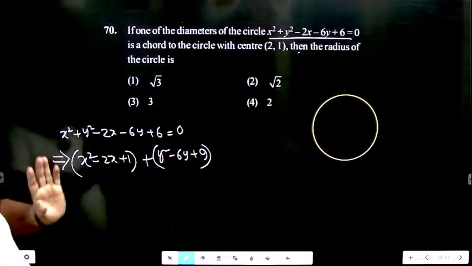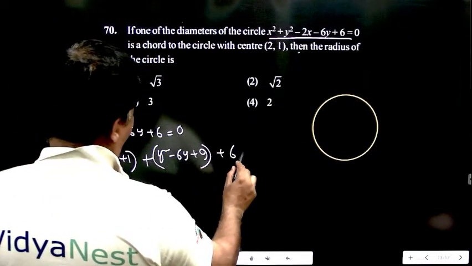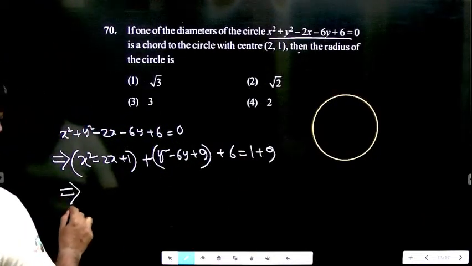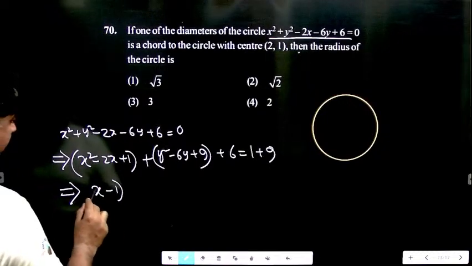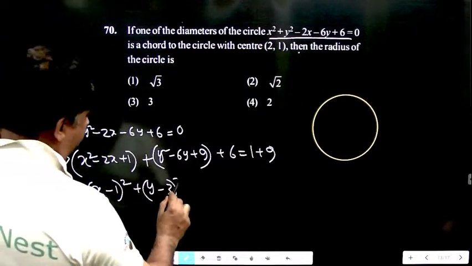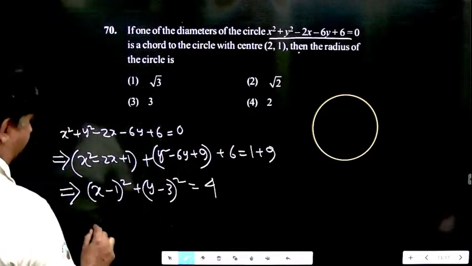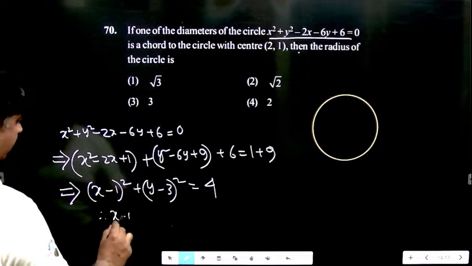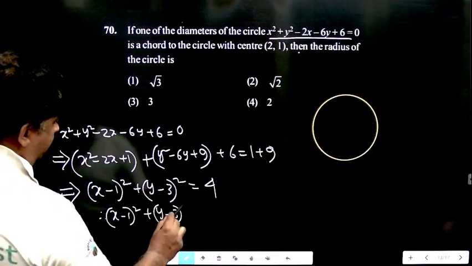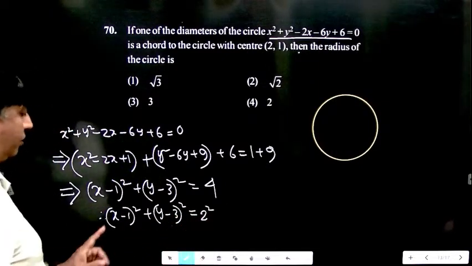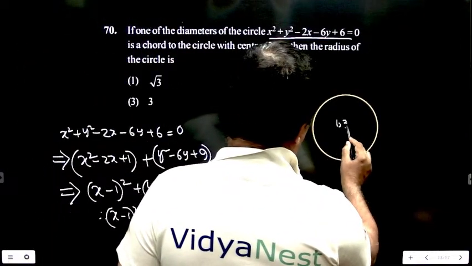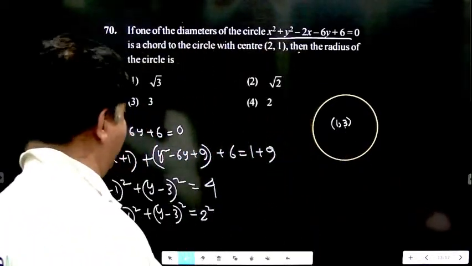You add 10 in left hand side as well as in right hand side. So, center 1, 3 and radius 2.